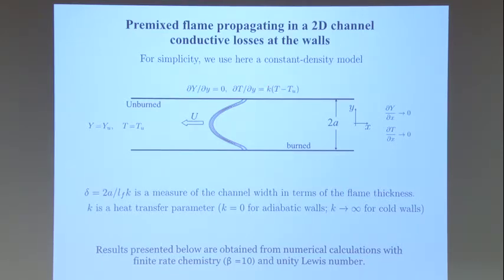And this k can run from 0 to infinity. When k equals 0, it means an adiabatic wall, and then you expect the flame to be essentially flat. And when k goes to infinity, it means the walls are cold, held at the temperature T equal to Tu. Anything in between will measure some degree of heat loss.